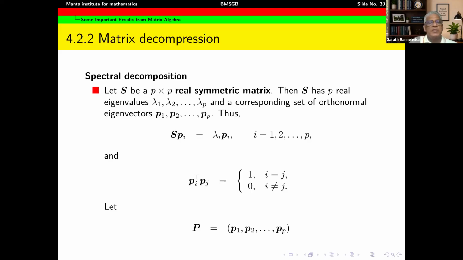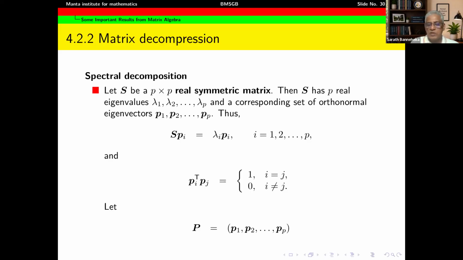Then S has p real eigenvalues, lambda 1 up to lambda p, and a corresponding set of orthonormal eigenvectors.